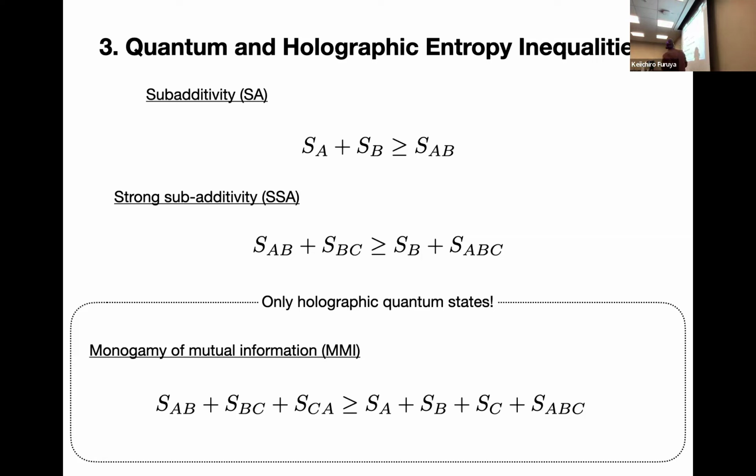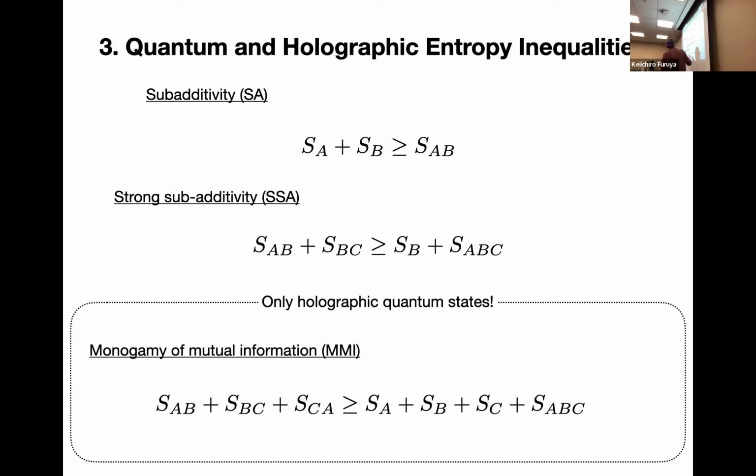You can also have a three-party system where you have A, B, C, and also a purifier. In this case, you calculate the entanglement entropy of AB, BC, and B, and ABC, and then you find that this inequality is also true. An important thing is that these two inequalities are true for quantum systems and holographic quantum systems.